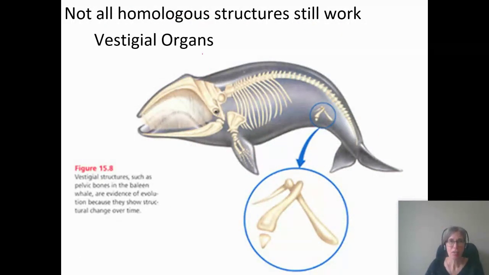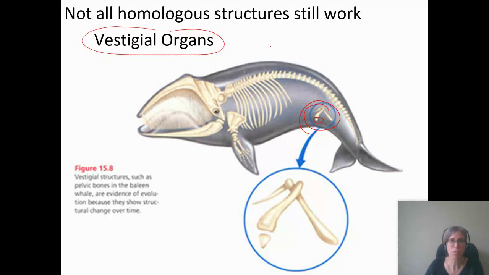Not all homologous structures still work, so there's this idea of vestigial organs. So for example, whales evolved from land animals, land mammals, and they had a pelvis and leg bones back in evolutionary history. Their ancestors had these things. And actually there are still pelvis bones, even kneecaps sometimes in some whale species, even though they don't have legs anymore.